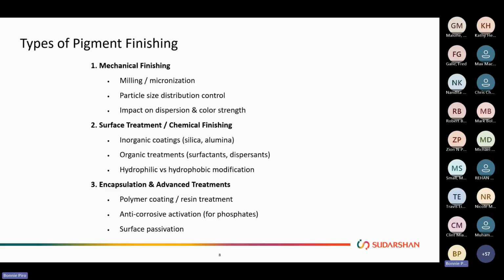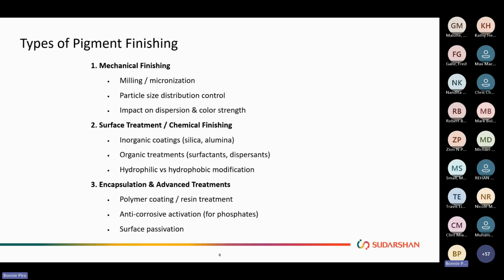So that's where hydrophilic, hydrophobic comes into play, to be able to match up the dispersion and formulation with the pigment itself. There are other more advanced types of treatments, polymer coating and resin treatments. Here is an example.